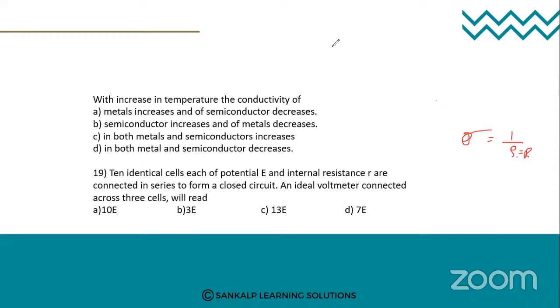See here, option A is the answer. In case of metals, it increases, and in case of semiconductor, it decreases. So if you remember, for semiconductors, when you increase the temperature, the resistance increases. So when the temperature increases, the conductivity decreases.